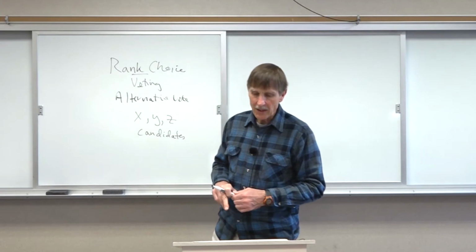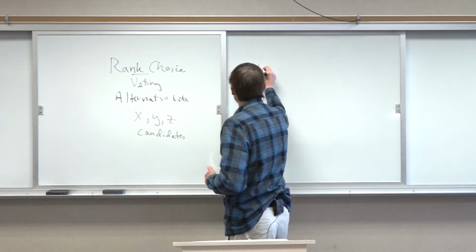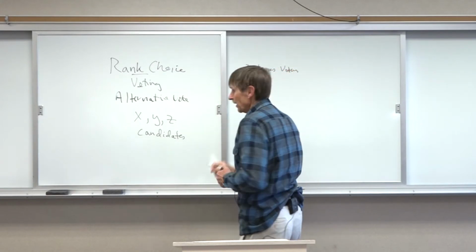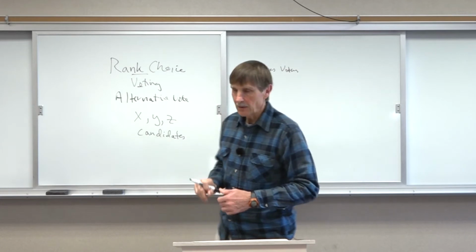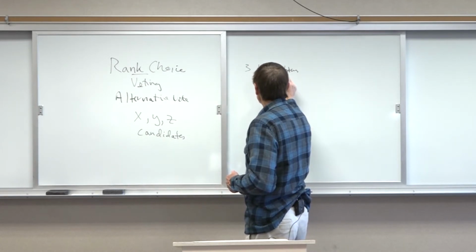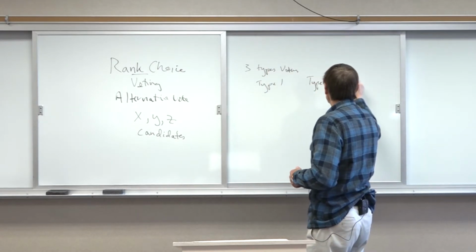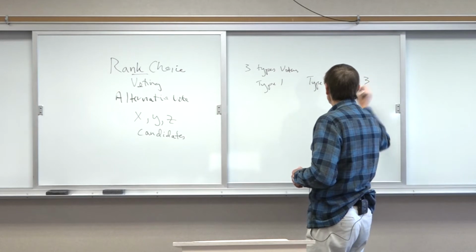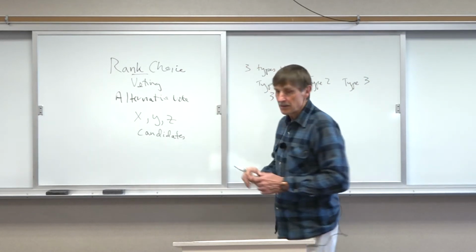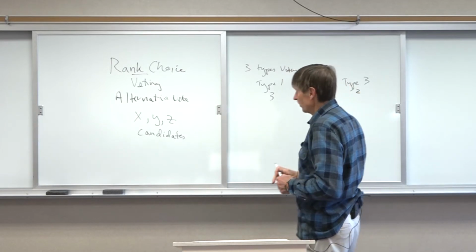And so let's say we have three types of voters. Type 1, type 2, and type 3. And let's say we have 3 type 1s, and we have 3 type 2s, and we have 2 type 3 voters.